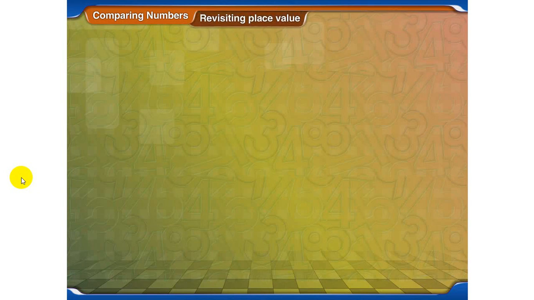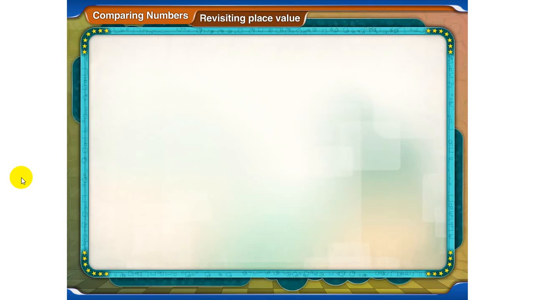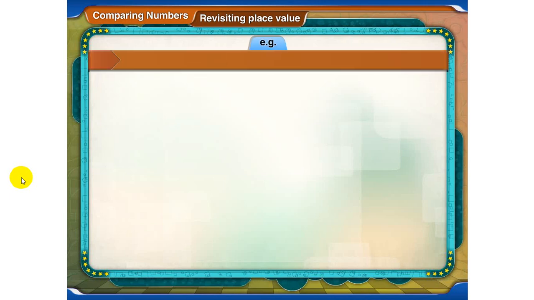Revisiting place value. You have done this quite earlier, and you will certainly remember the expansion. Let's revise with a few examples.